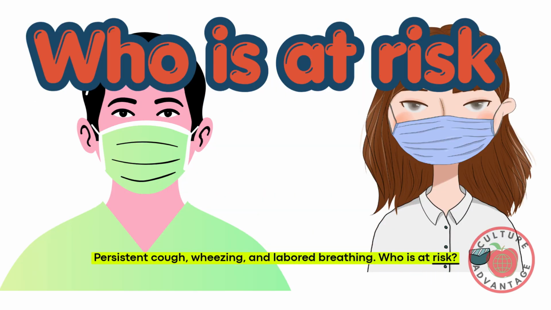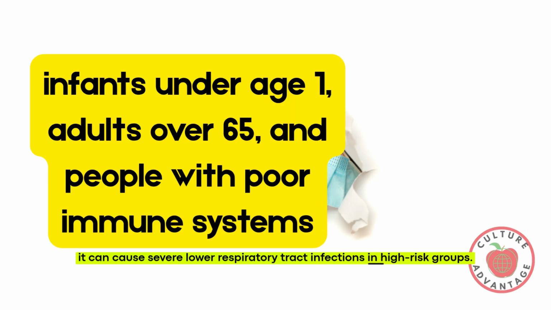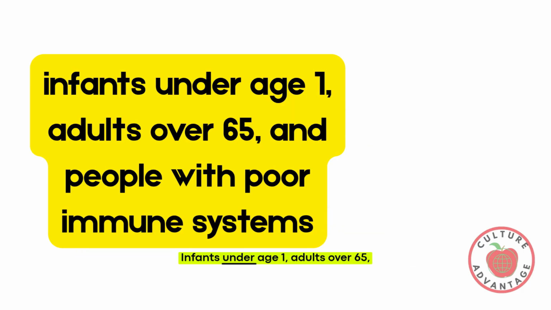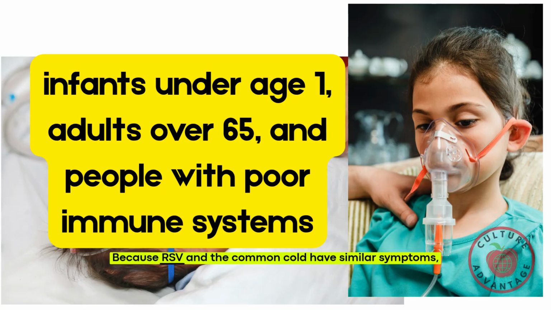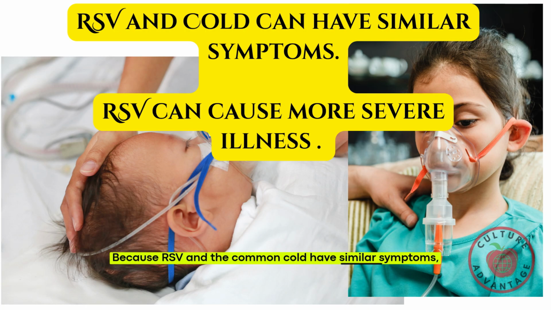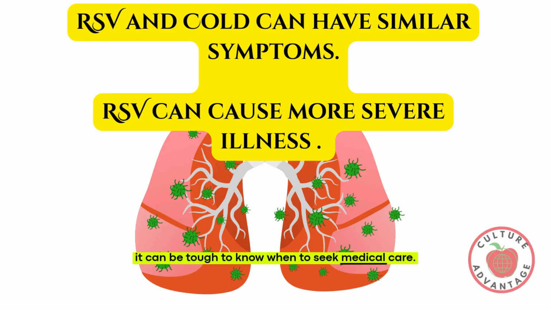Who is at risk? While it causes mild cold-like symptoms in healthy adults, it can cause severe lower respiratory tract infections in high-risk groups: infants under age 1, adults over 65, and people with poor immune systems. Because RSV and the common cold have similar symptoms, it can be tough to know when to seek medical care.